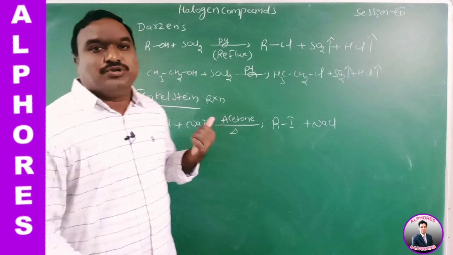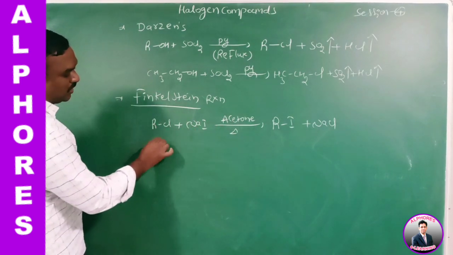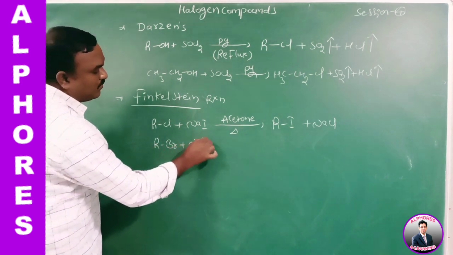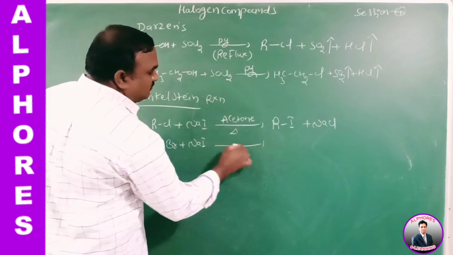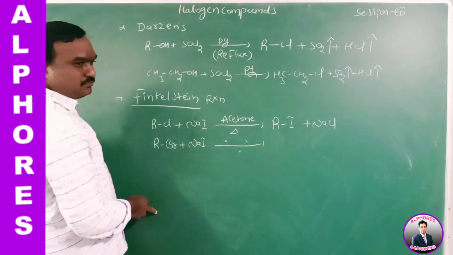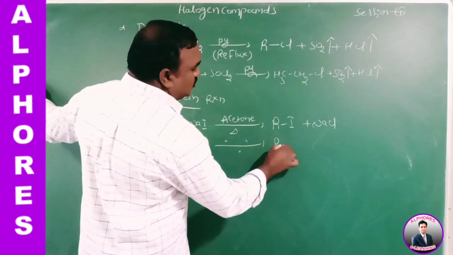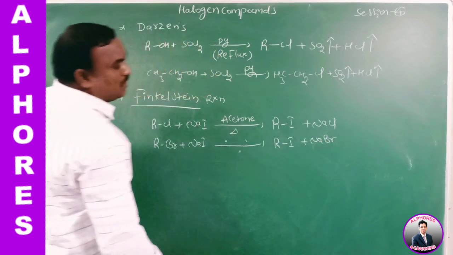This one is also a nucleophilic substitution reaction. For example, an alkyl bromide is given. The compound reacts with sodium iodide in the presence of acetone medium here. Br minus is substituted by what? I. So alkyl iodide plus NaBr.